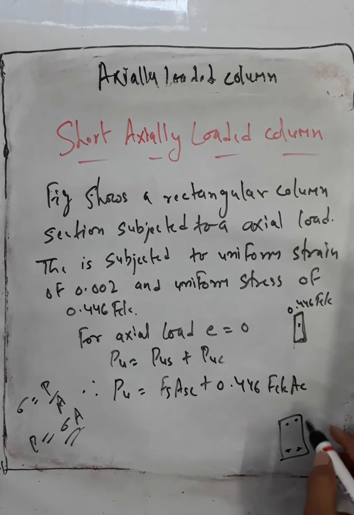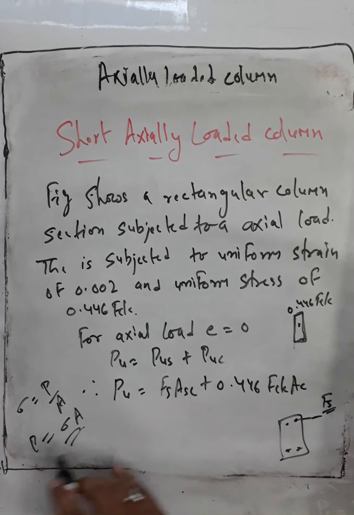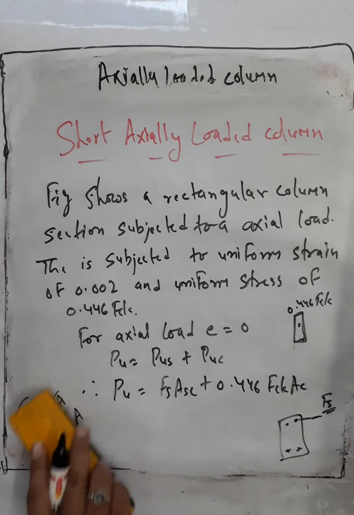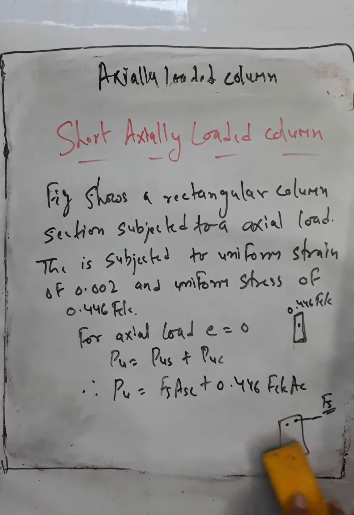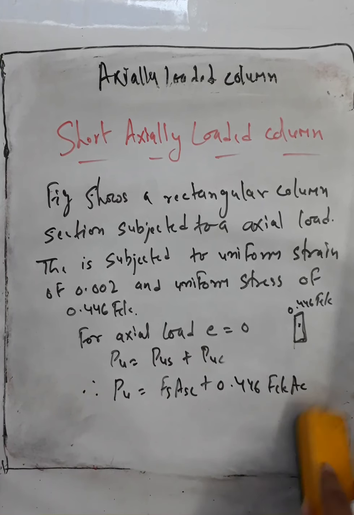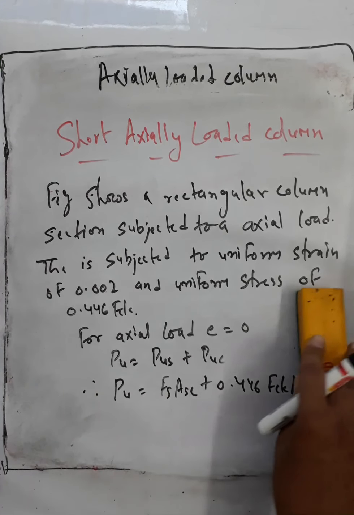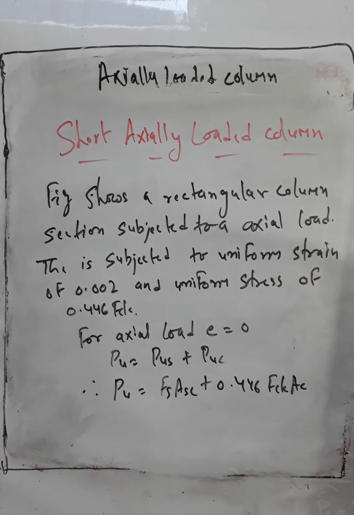For this reinforcement we have some stress which we call Fs, so Fs into the area of this steel bar, that is Fs Asc. Like we studied in the doubly reinforced beam, where we calculate Fsc, the same way here we calculate Fs or Asc.